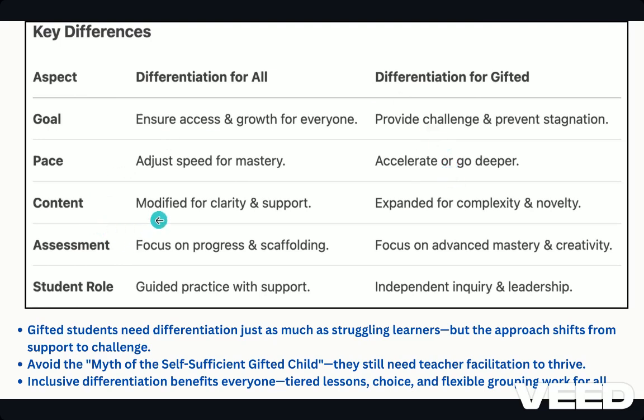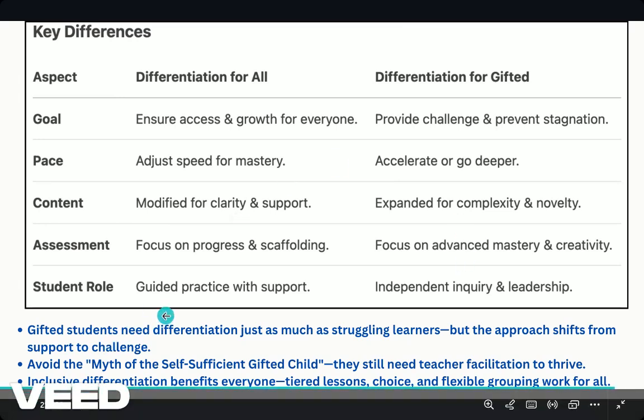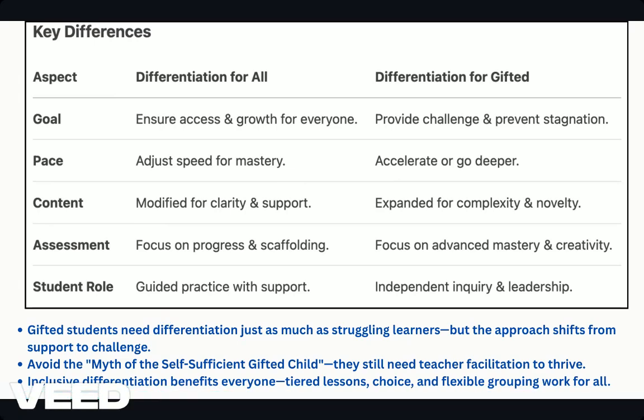The content will be modified for clarity and support; here we will modify the content to expand for complexity and novelty in the curriculum. For all students the assessment will focus on growth and scaffolding, whereas for gifted learners the assessment should focus on advanced mastery and creativity. The role of the student in differentiation for all students is guided practice with support, whereas here it is independent inquiry and leadership.